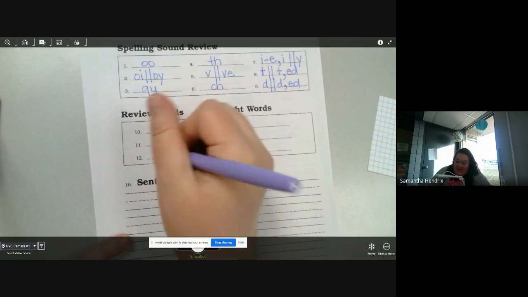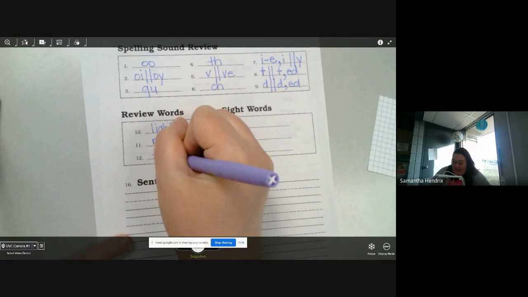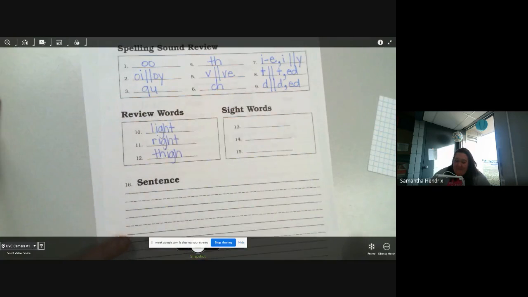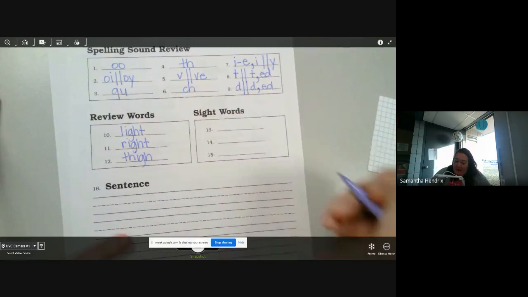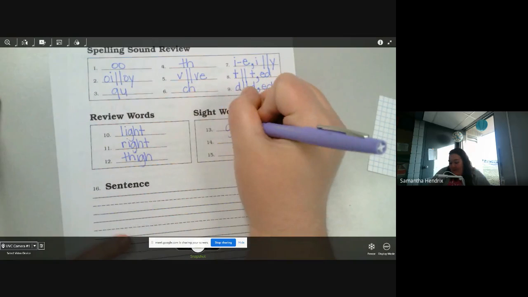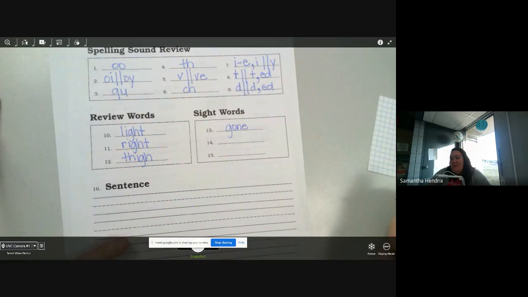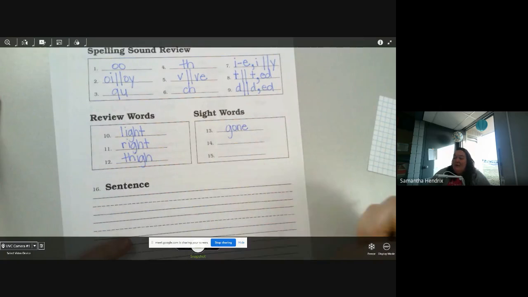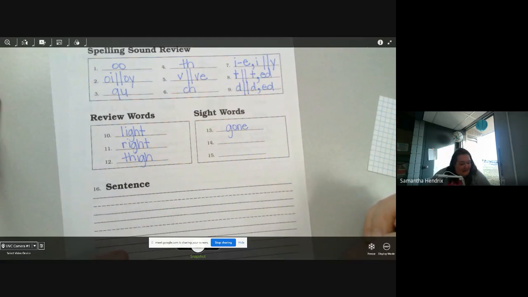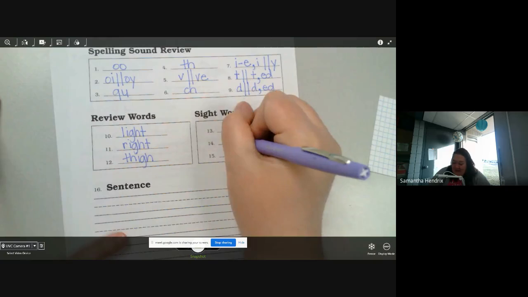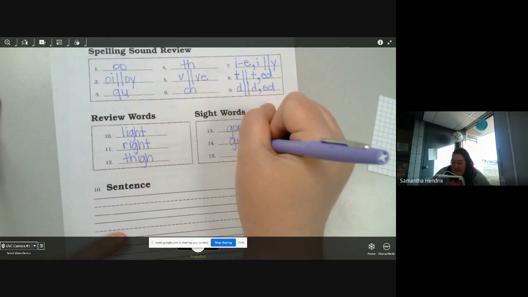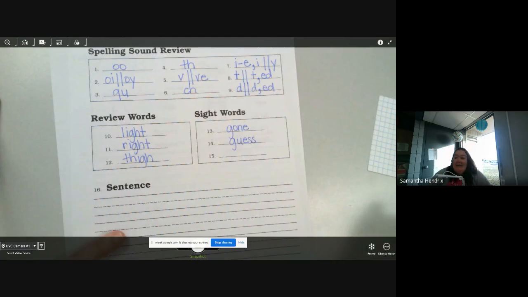And then thigh. Okay. Sight words, gone. Remember, sight words do not follow any rules. If it did, that would be gone. It's not gone, it's gone. Guess. And ocean.